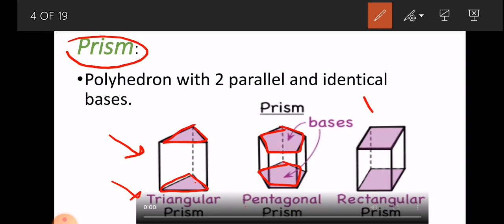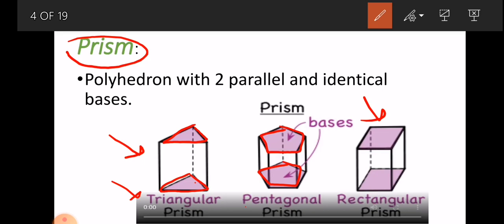Okay, let's see the third prism we have. This is also a prism because what? It's a solid figure, it's a polyhedron, yes, with the top and base which are the same. What do we call this prism? This prism has a rectangle up and a rectangle down, so it's called a rectangular prism. So we have many types of prisms.